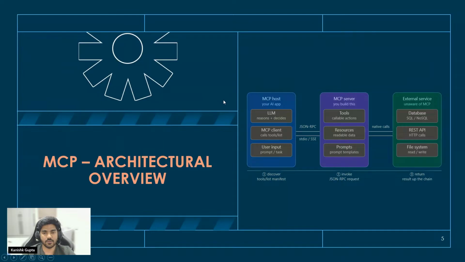For today's session, we won't be building our own MCP server. We will just be using an existing MCP server and see how well it integrates with our agent workflow, and how it's able to speed up that process of development.